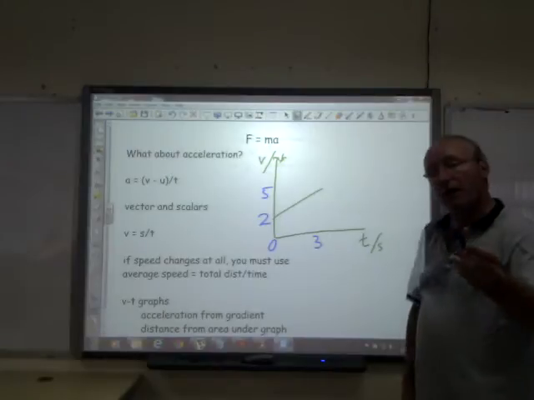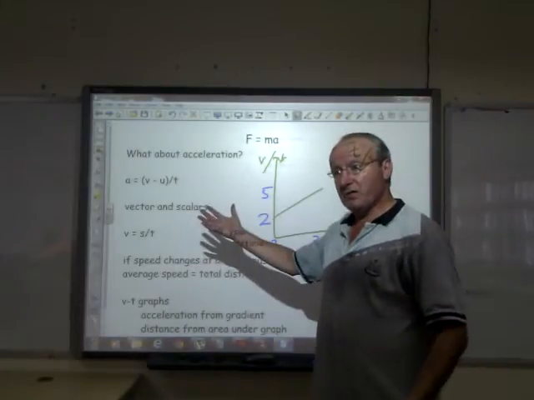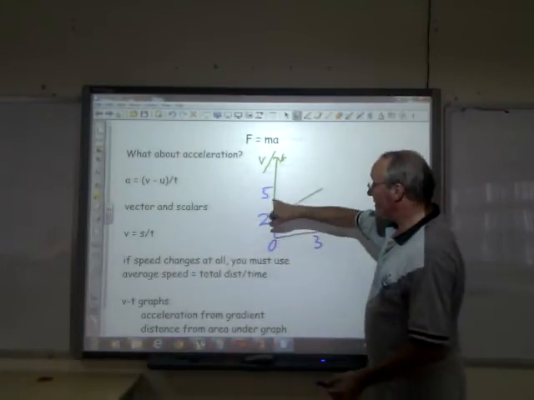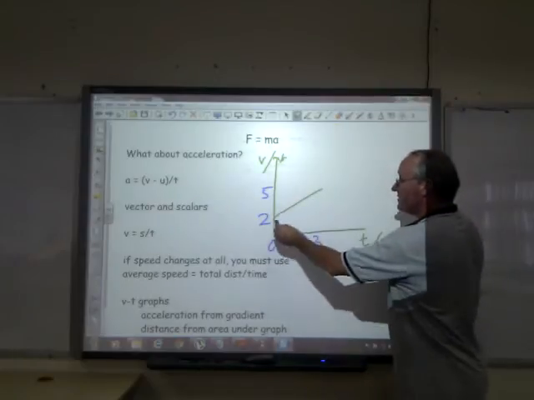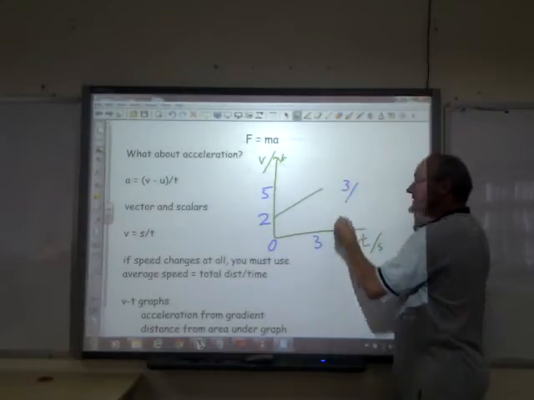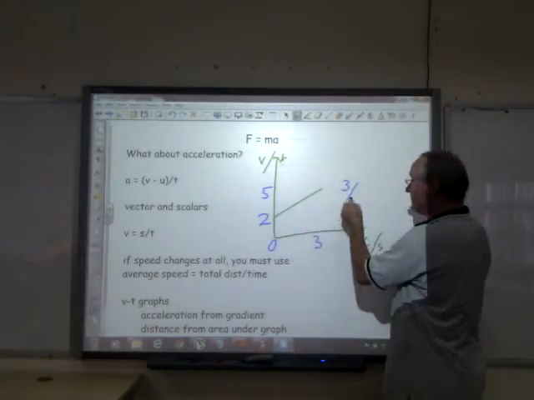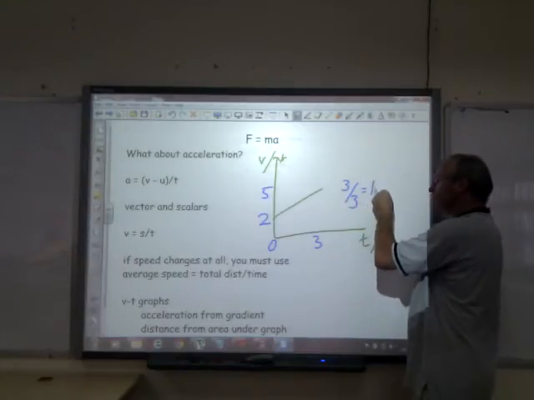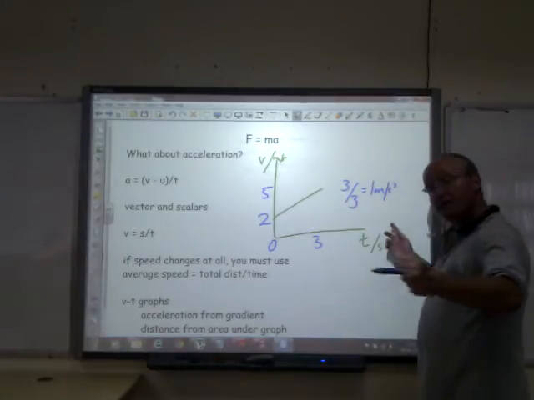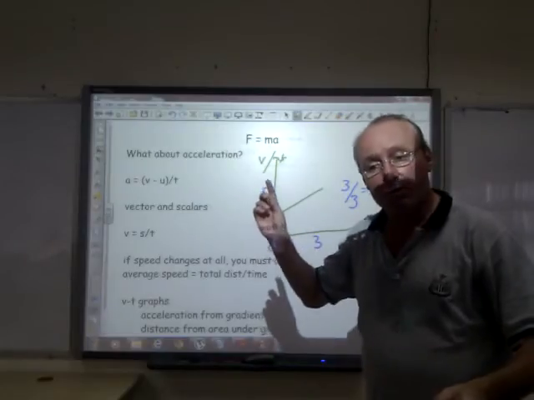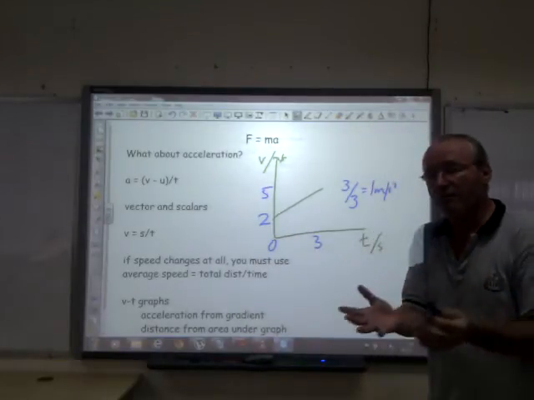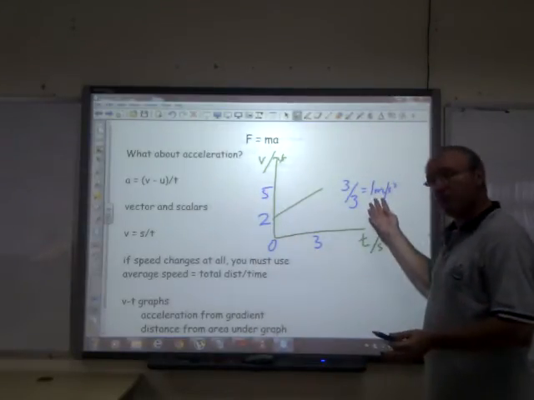How would we do acceleration? Change in speed divided by time. Change in speed, 2 to 5, is 3. Divided by time, how long does that take? 3 seconds. And don't forget that unit. Units everywhere. This is where you might fall down. So always think, have I got the right unit in there?